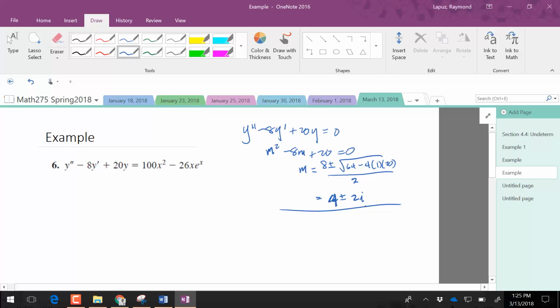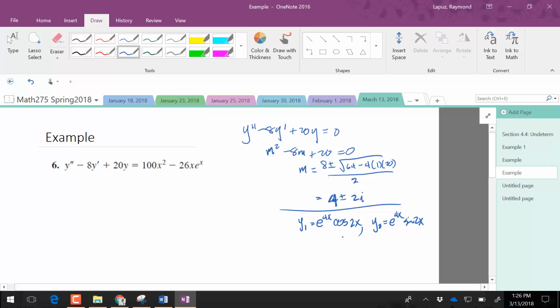So we know that there's a real part to this, right? The 4 is a real part, so we need an e to the 4x. So y1 is equal to e to the 4x times cosine of 2x, and y2 is equal to e to the 4x sine 2x.